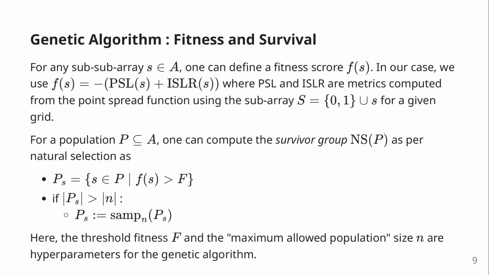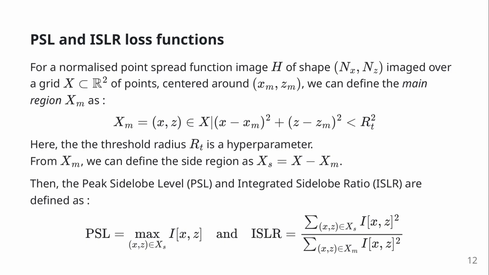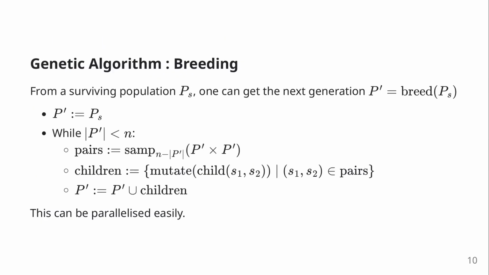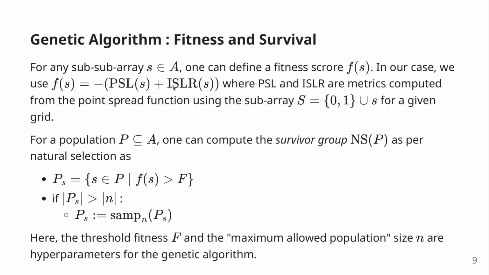So in our specific scenario, we define fitness as the subarrays which produce better quantitative metrics for the point spread function. From the point spread function, you can get these two metrics, PSL and ISLR. These are defined like this. Just some very simple math, really. You get these two functions and then you add them. That gives you a custom sort of loss.